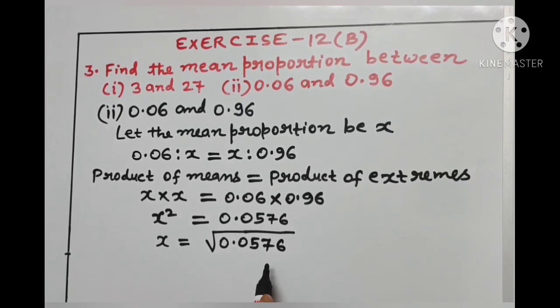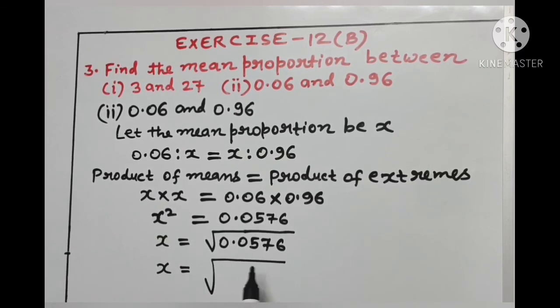Clear? Now if we find out the square root of this number, then we will get the value of x, and that will be our mean proportion. That will be the answer. Okay? So for this, what I am going to do, first I am going to write x equal to square root.